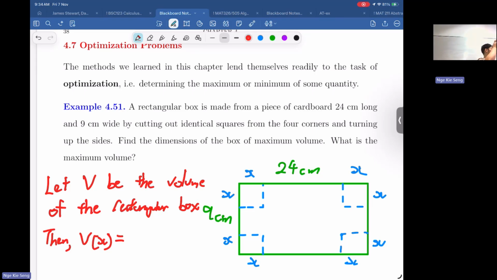Because this is how long you cut it up, how long you can flip it up. So this is x. Then how about your length now? What's this length here? 24 minus 2x. Okay, so 24 minus 2x. And your width, similarly, is subtracted by 2x as well.